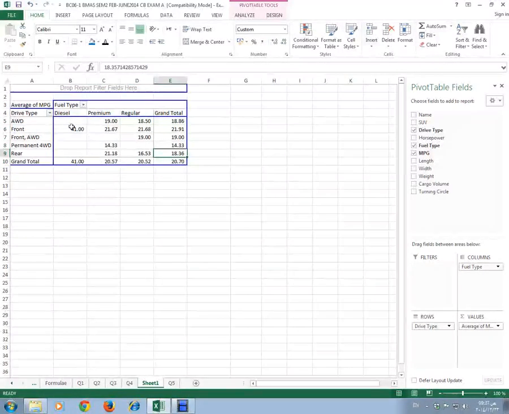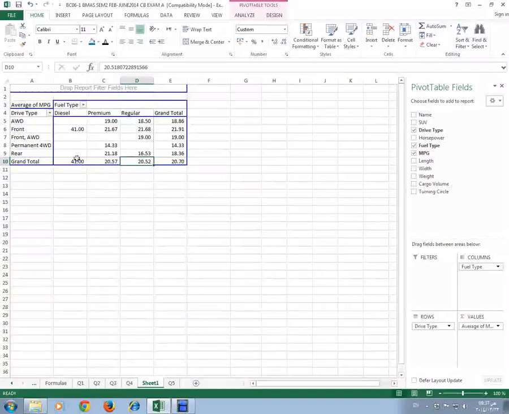The average for diesel is 41, the average for premium is 20, and regular is 20. So it means that diesel is used more, but it is used only by front drive car types. Okay, this one is the answer for question number 5A.